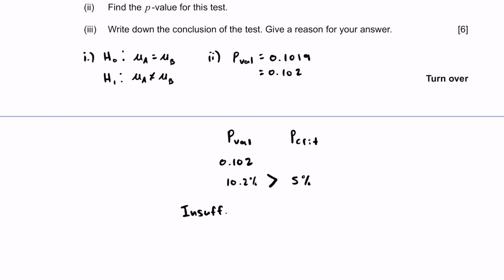There is insufficient evidence to reject H0. We wouldn't exactly want to say accept the null hypothesis, but we can say that there's insufficient evidence to reject it.